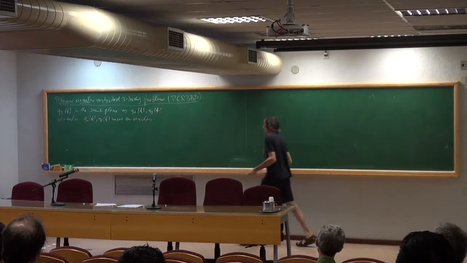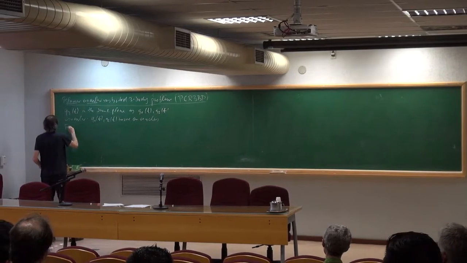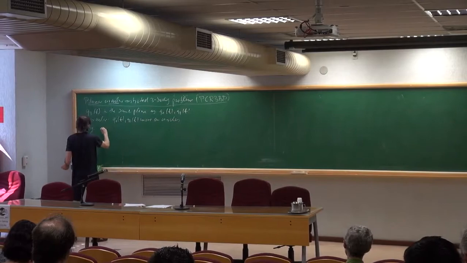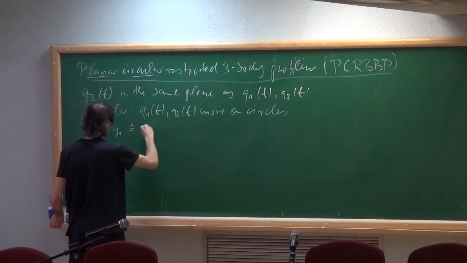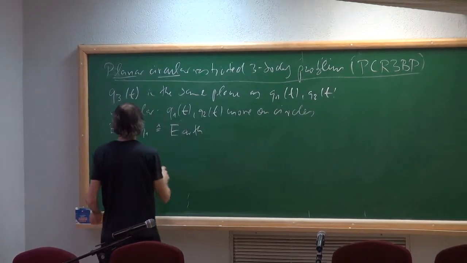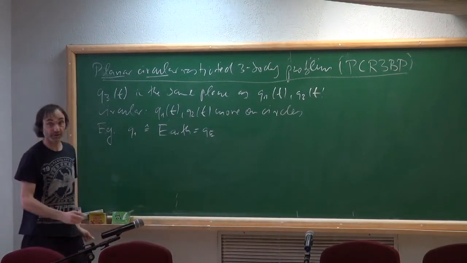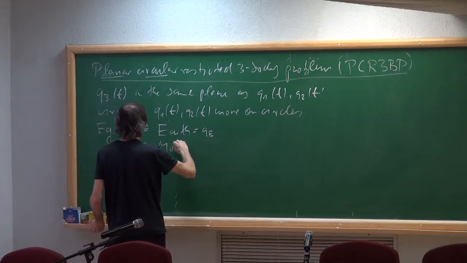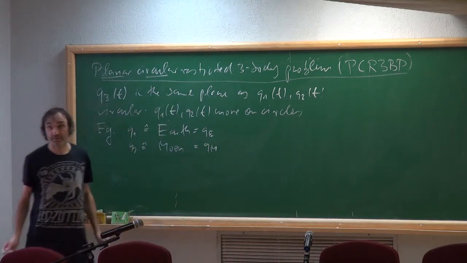So, for example, the first body, Q1, could correspond to the Earth, and I will maybe stick with that notation. I will write it as QE, the motion of the Earth, and Q2 corresponds to the Moon, which I'll write Qm.